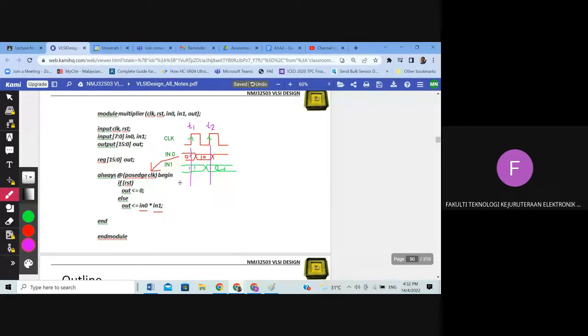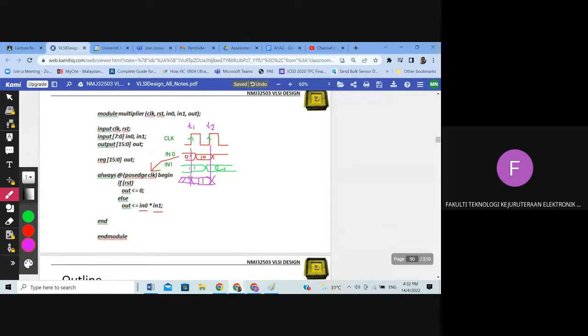And then what about the answer? The answer will remain until the next rising edge of the clock. So 1 multiplied by 3, you get 3. So the answer 3 will appear here. Why not here?